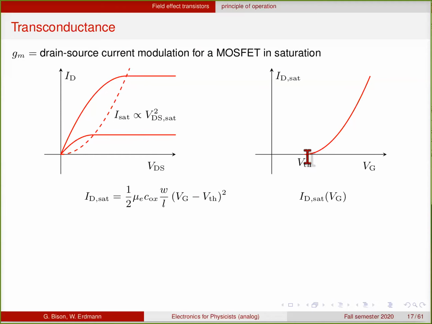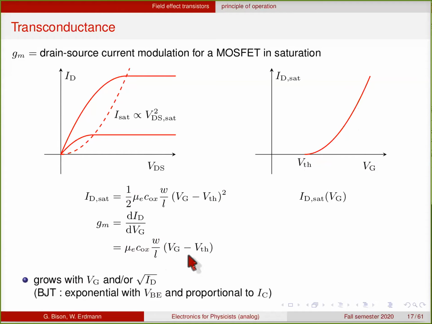So there's no current below the threshold, and then above the threshold you get this quadratic behavior with some constant in front of it. This is shown here. And GM is of course simply the derivative of this with respect to the gate voltage. So you get mobility times oxide capacitance times W over L, and then gate voltage minus threshold voltage.